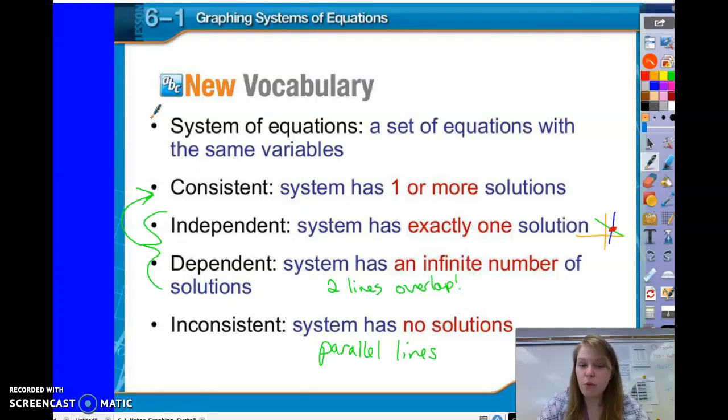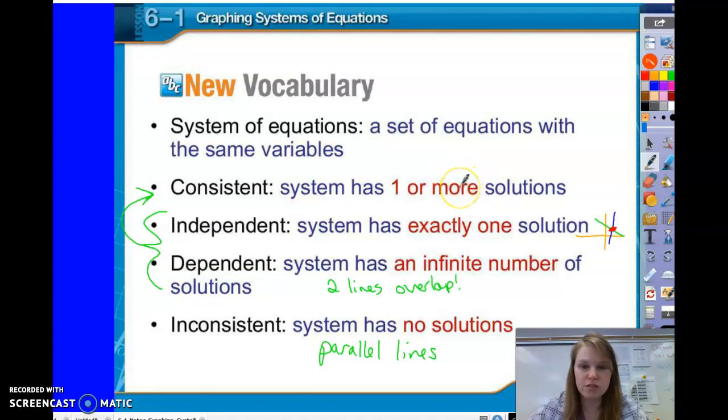Okay, we have 4 other words here: consistent, independent, dependent, and inconsistent. So let's start with the consistent ones. If we said that a system of equations, or 2 lines, are consistent, what that means is that they have one or more solutions. That means the lines cross, or they overlap.